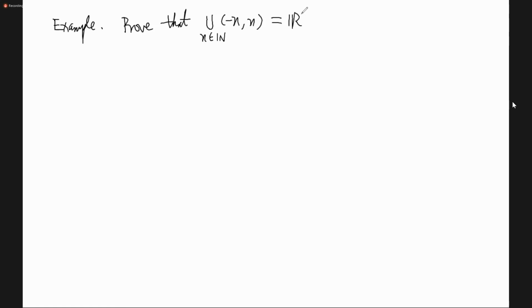So always remember, if you want to prove two sets are equal, you have to first prove the left-hand side is contained in the right-hand side, and then prove the right-hand side is contained in the left-hand side. And how to prove one set is a subset of the other? You just take an arbitrary element in the set, and you show this element is contained in the other set. All right, so let's follow the two-step proof.